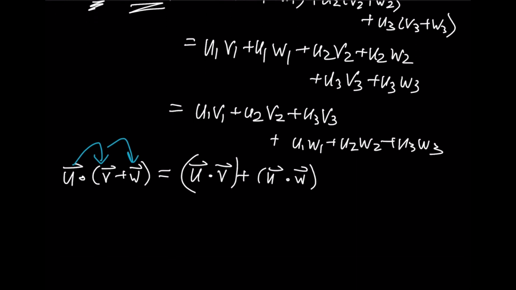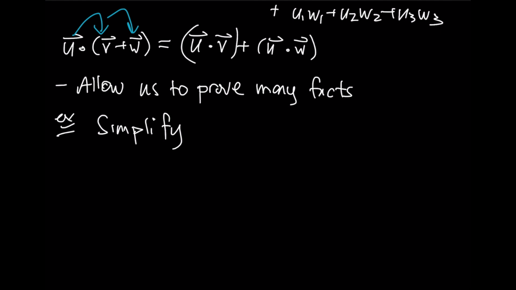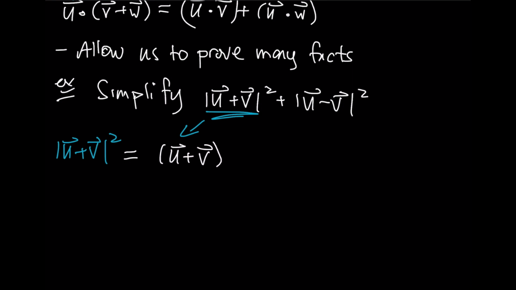These properties are very useful because they allow us to prove a lot of facts. For example, let's talk about simplifying an expression that looks like this. The key idea here is remembering that when you've got the length of a vector squared, you need to think of it as the dot product of that vector with itself.